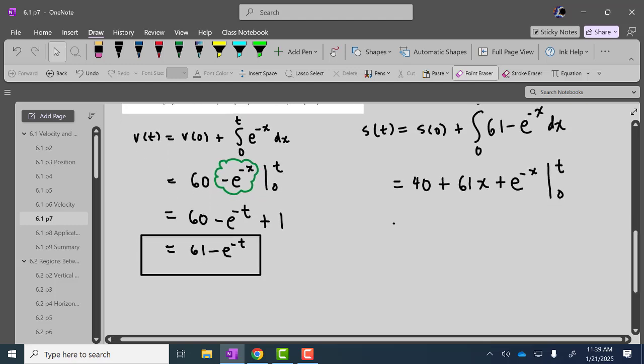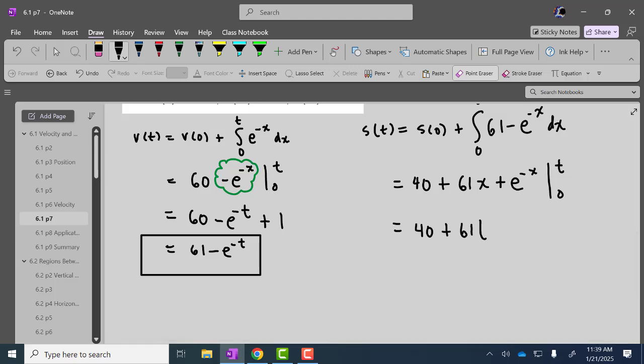So then we're going to plug in the t, and then subtract off the antiderivative at 0. So antiderivative is right there. Plugging in t is obvious. And then we subtract off that same antiderivative evaluated at 0.